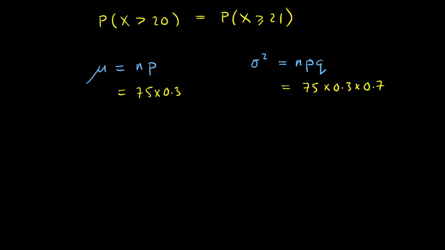So 75 times by 0.3 is 22.5. Okay, and then times that by 0.7 is 15.75. All right, that means that we can write the following.